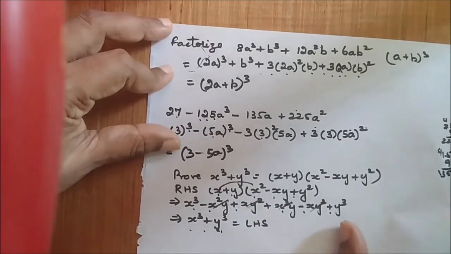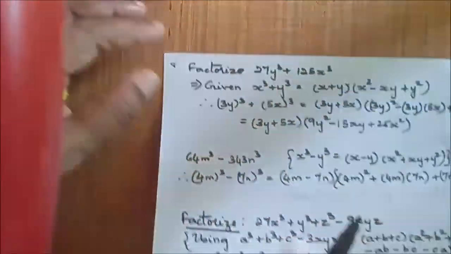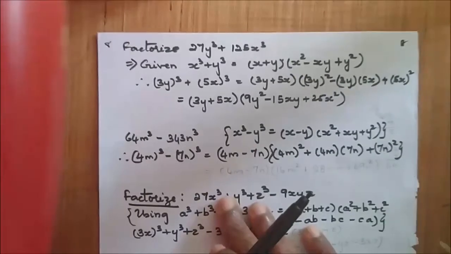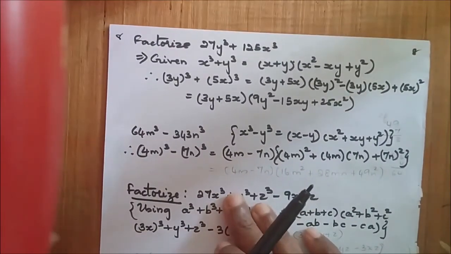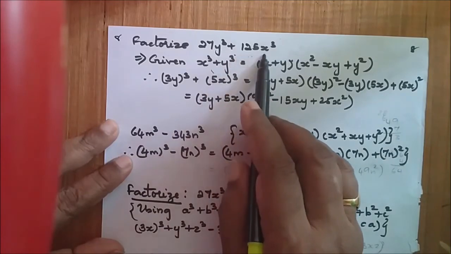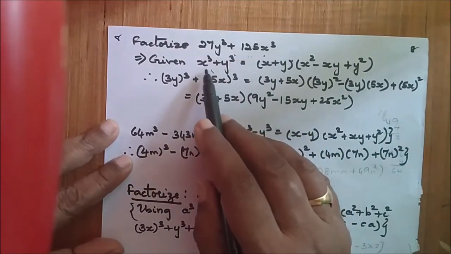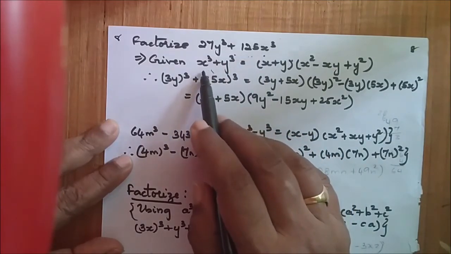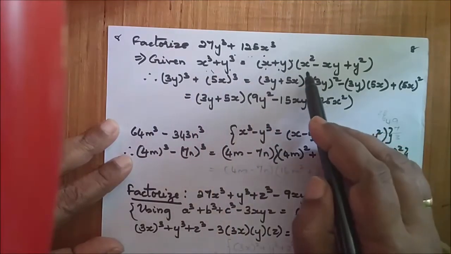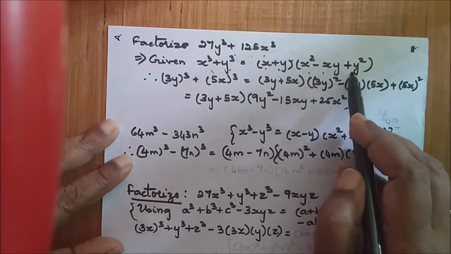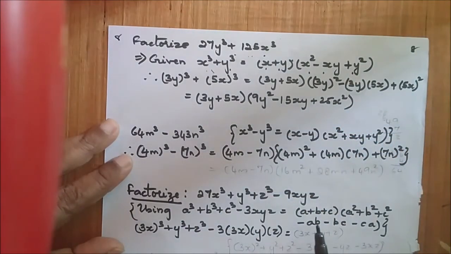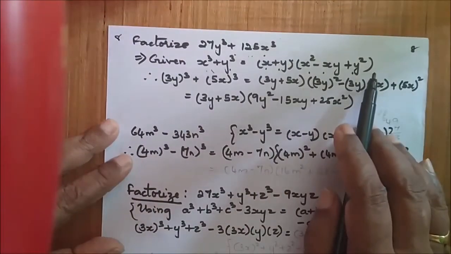The more and more problems you do, the stronger you will become in your concepts. Okay. So now we'll factorize 27y cubed plus 125x cubed. Now what is the identity we use here? X cubed plus y cubed is equal to x plus y into x squared minus xy plus y squared. The identity which we proved now, the same thing we are using here.